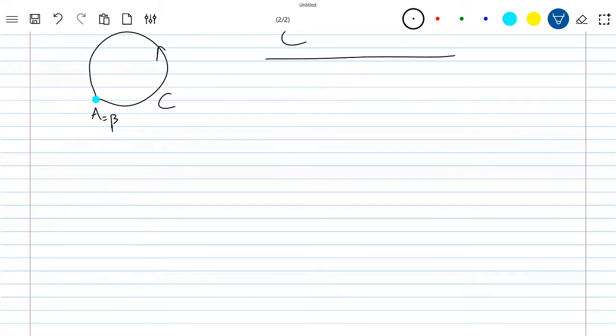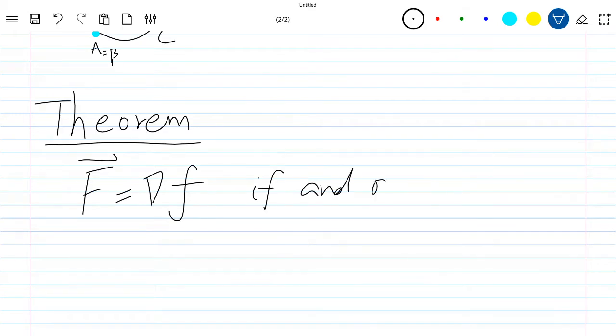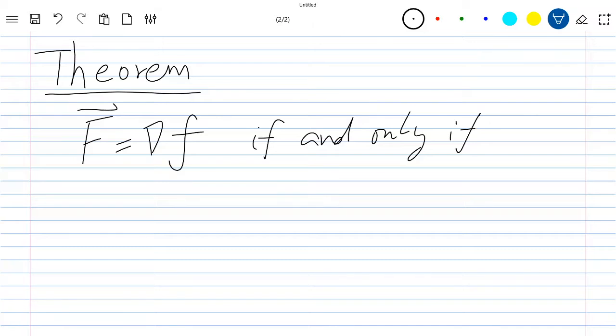Finally, we are ready to prove, well, not completely, at least state the theorem of potential field. F is a potential field if and only if Py equals Qx.